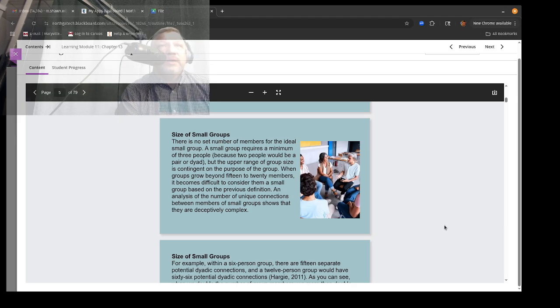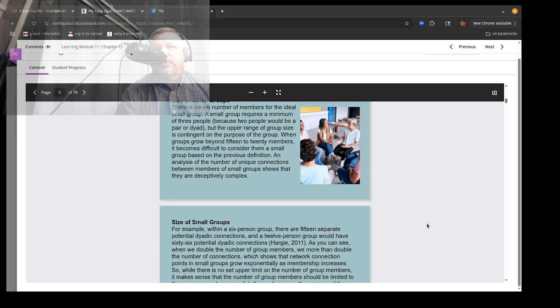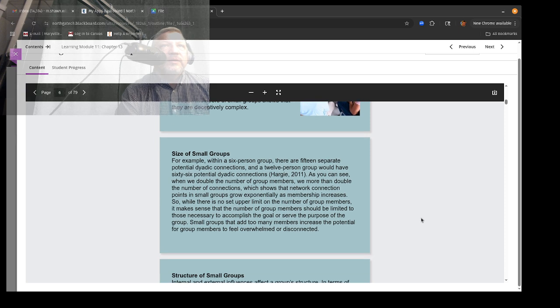Okay? The analysis of the number of unique connections between the members of a small group shows that they are deceptively complex. We're going to talk more about that too. So let's take a 6-person group. There are 15 separate dyadic connections. And a 12-person group would have 66 potential dyadic connections.